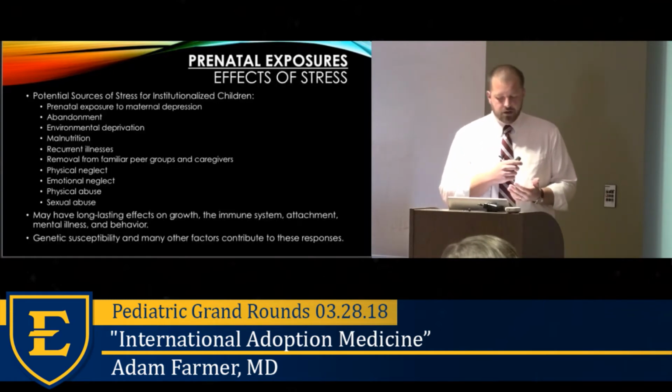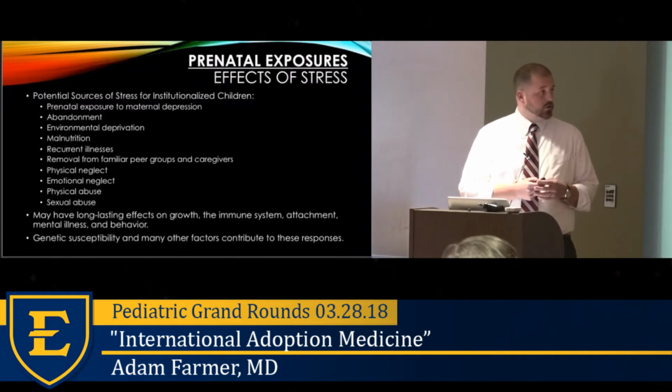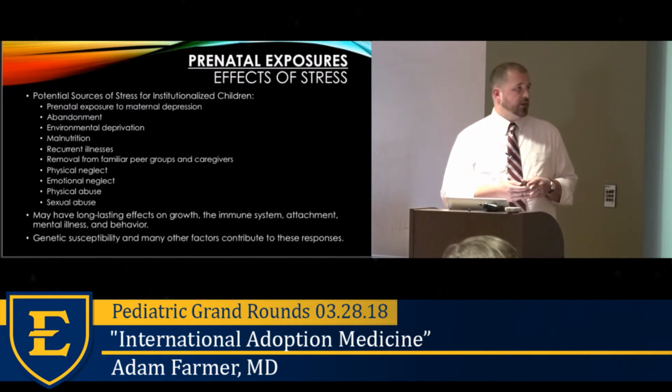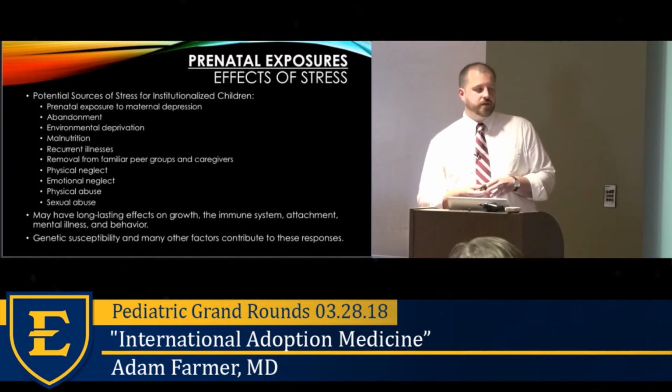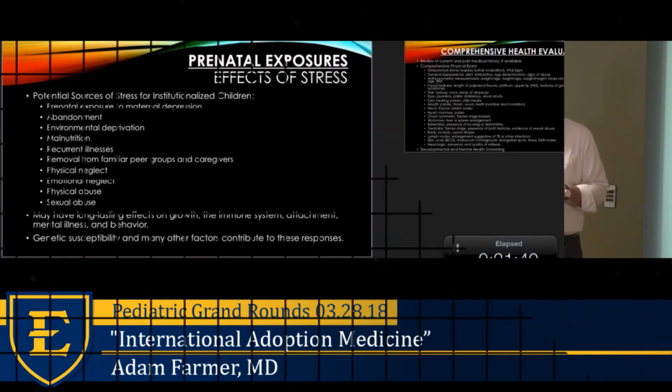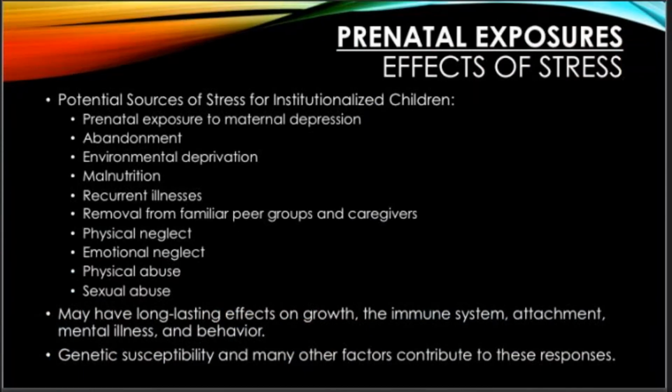A little bit about perinatal stress. Dr. Wood actually gave a great presentation on the effects of stress earlier this year in a previous grand rounds, I believe. But these kids have lots of potential sources for stress simply by the fact that they have been raised in orphanages or institutions prior to adoption.